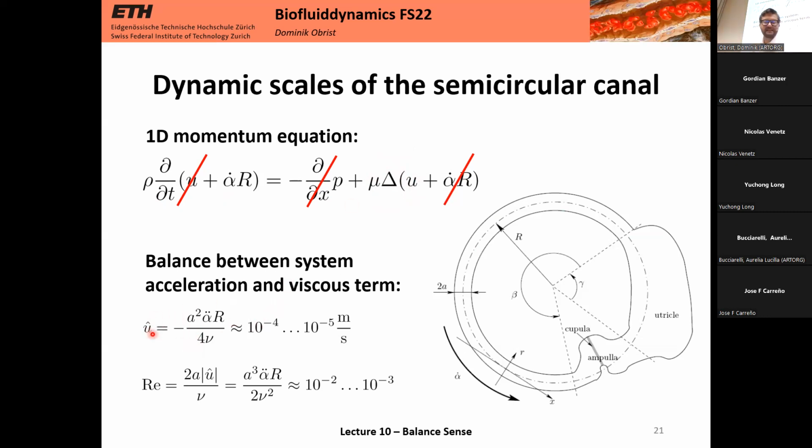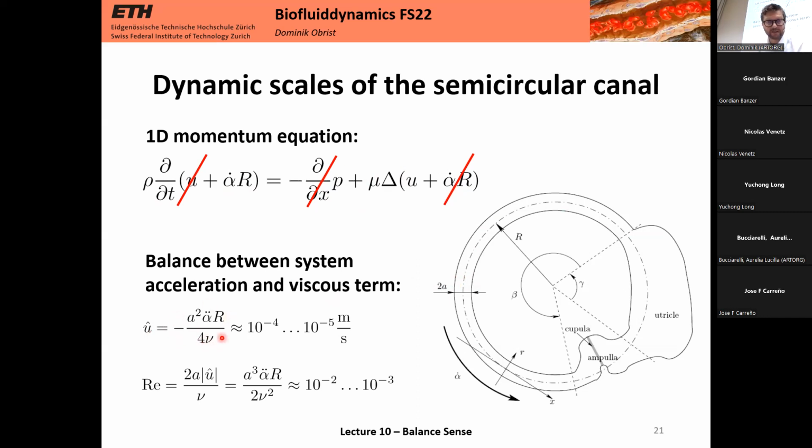And if we look at the amplitude or the maximum velocity inside the canal, we can see that we reach velocities according to this formula here. Here's the alpha double dot coming from this term, the R, and here this a squared. a is the radius of the slender canal, and nu is the viscosity of the endolymph.